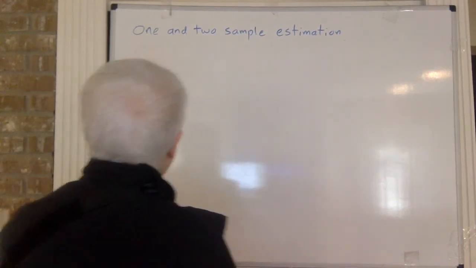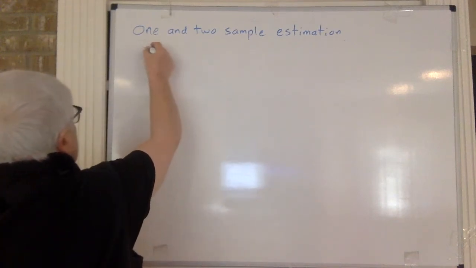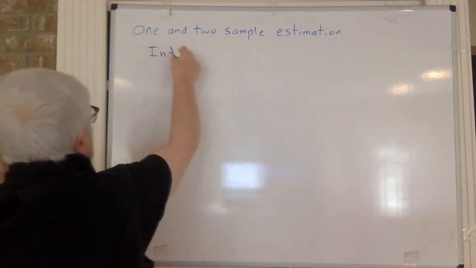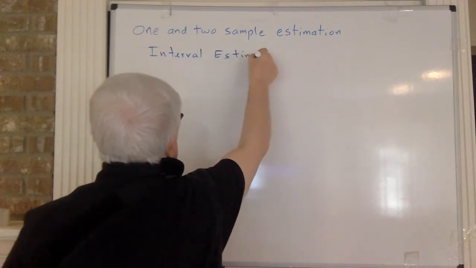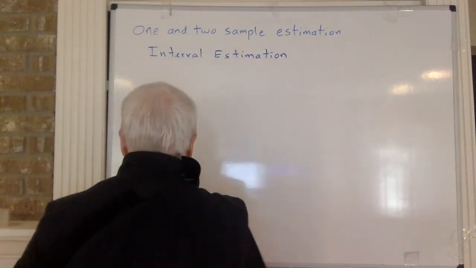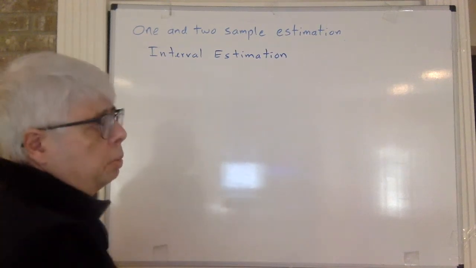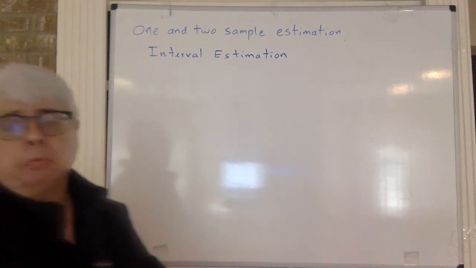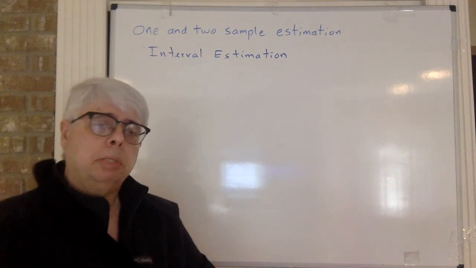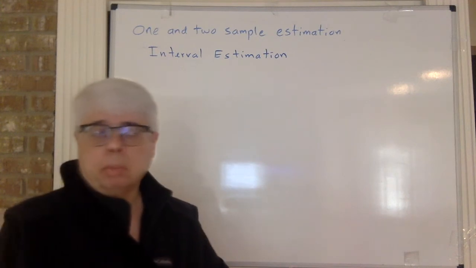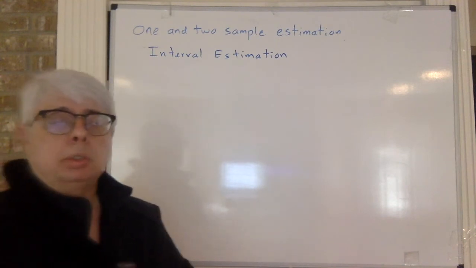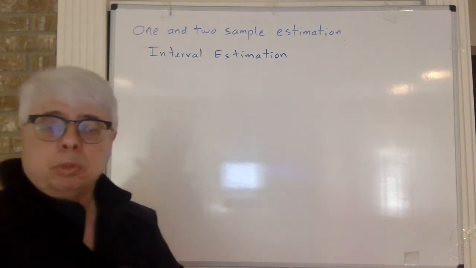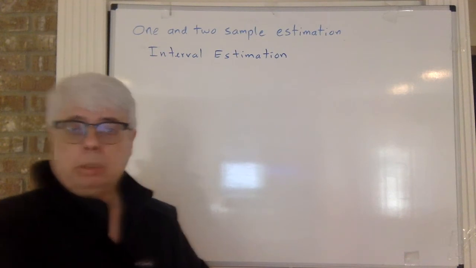Okay. Now, interval estimation. Interval estimation intuitively means that you want to estimate, say, mu, for example, and then you find an interval such that mu falls in that interval with some good probability.